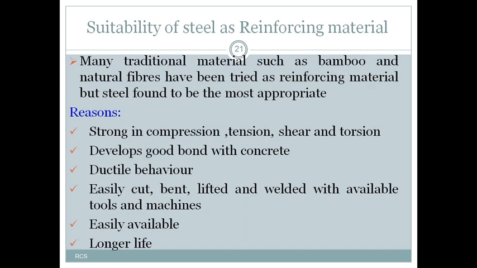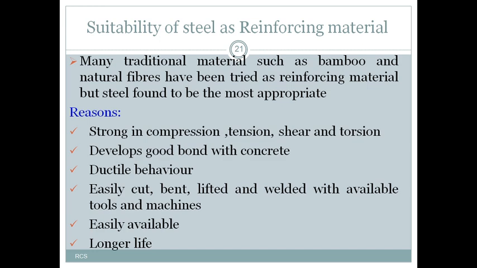By considering all those criteria, the material which fulfills all those requirements should be chosen as a reinforcing material. Many traditional materials such as bamboo and natural fibers have been tried as reinforcing materials, but steel is still found to be the most appropriate because it fulfills all the requirements which were discussed earlier.